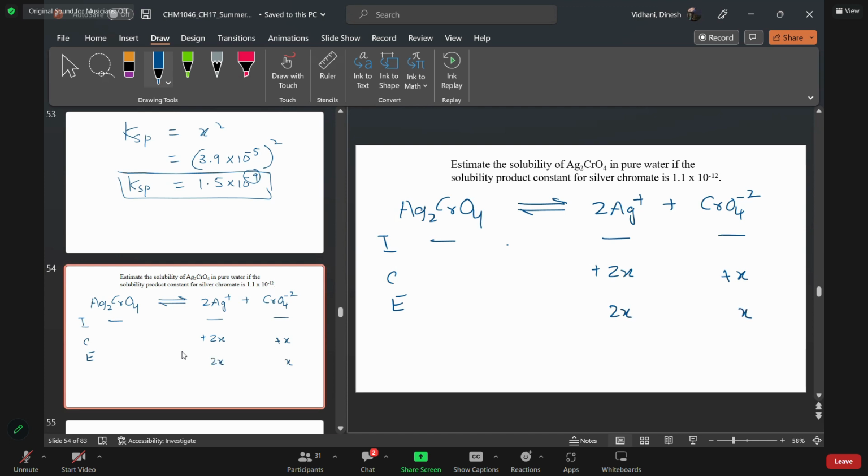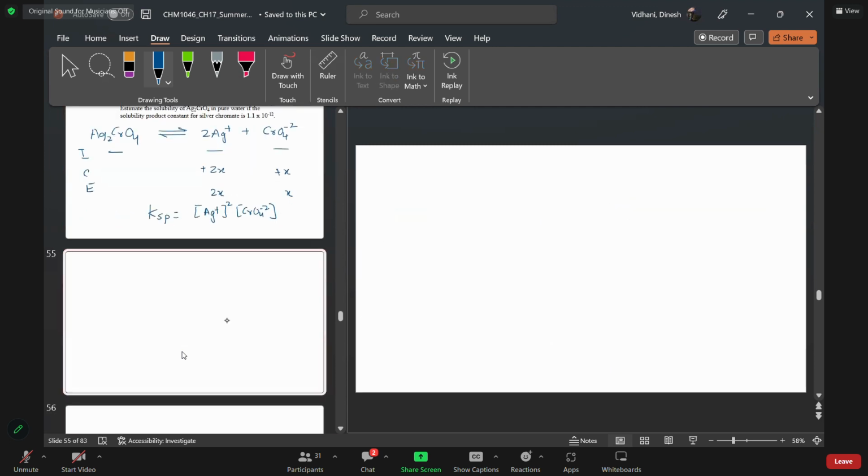Well, if I write down the KSP in this case, how will that look? Any idea? Silver ions squared times chromate ions raised to 1. Now, the next thing I'm going to do, I'm going to plug in the values in terms of X. So KSP equals (2X) squared and then X for chromate ions.